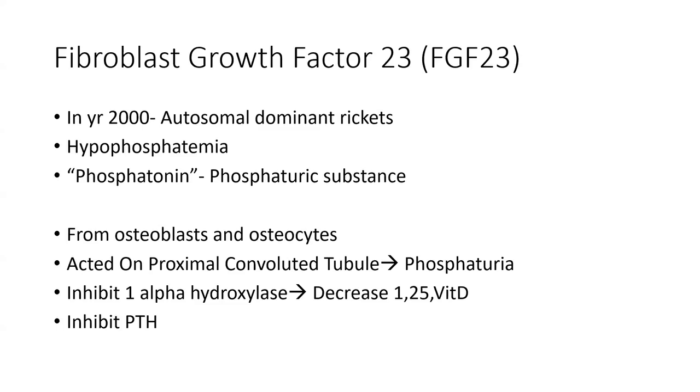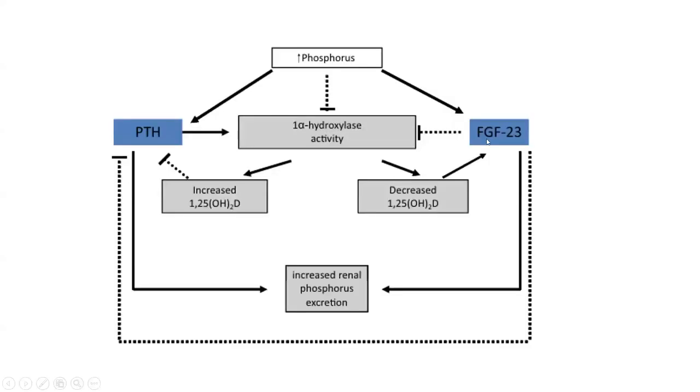And this substance was indeed fibroblast growth factor 23, FGF23. This FGF23 is secreted by the osteoblasts and osteocytes. They act upon the proximal convoluted tubule to cause phosphaturia. It also inhibits alpha hydroxylation and decreases the level of 1,25 hydroxy vitamin D. It also inhibits PTH.